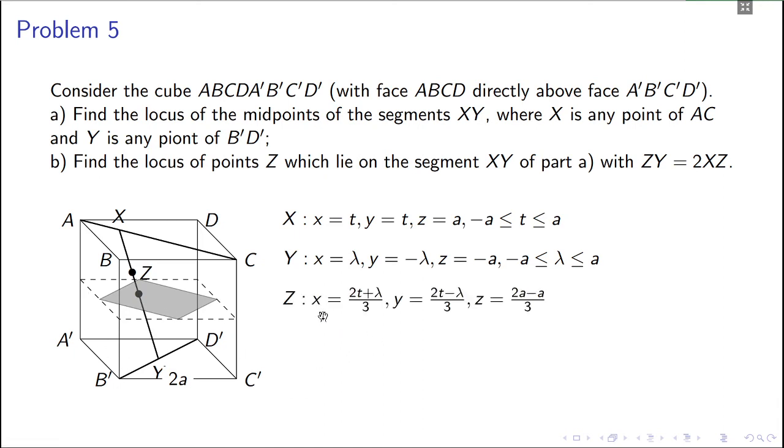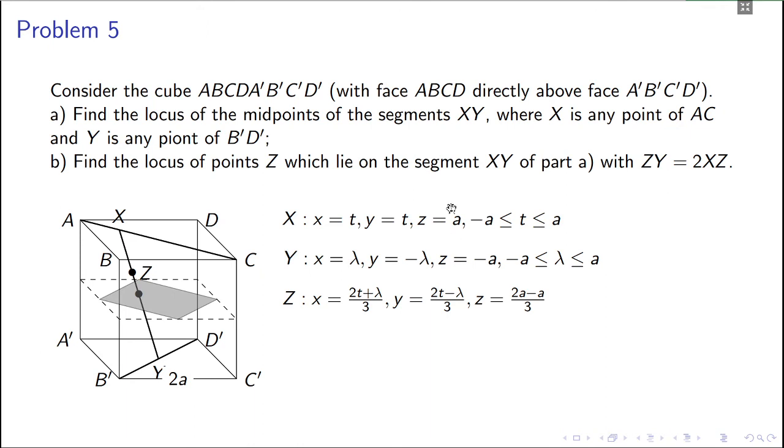So the coordinate of Z, if you look at it, the x coordinate will be 2 into t, so 2 into this, plus 1 into this, so 1 into the x coordinate of this, lambda, and divide by 3. And the y coordinate will be same, 2 into this plus 1 into this, so it's (2t minus lambda) by 3.